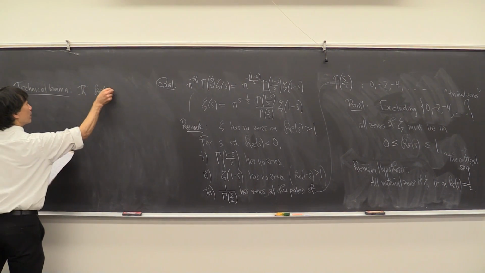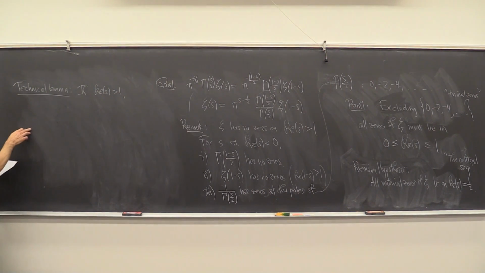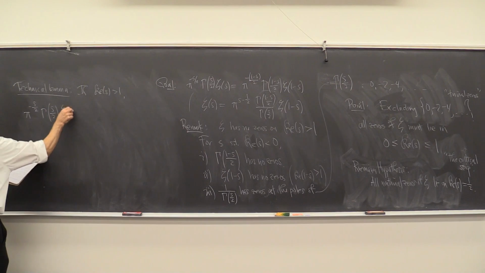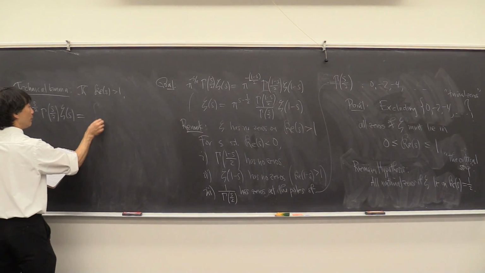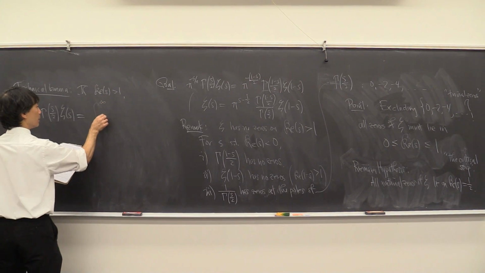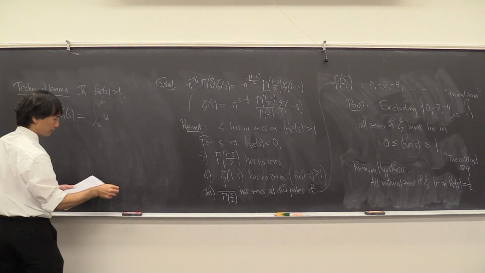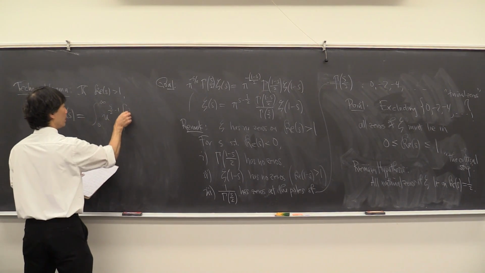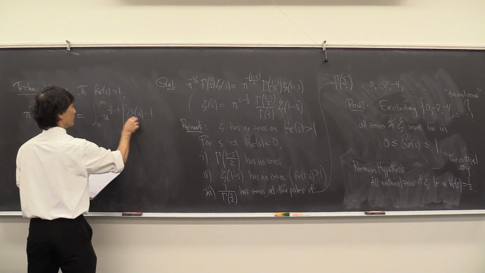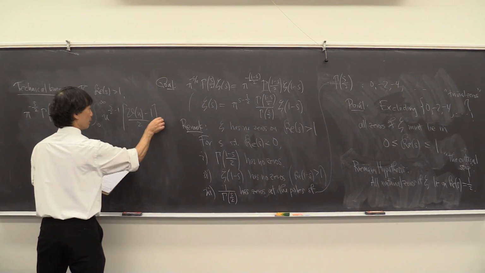If the real part of s is bigger than 1, then this expression pi to the negative s over 2 gamma s over 2 zeta s equals some integral, the integral from 0 to infinity of u to the s over 2 minus 1 times theta of u minus 1 over 2 du.